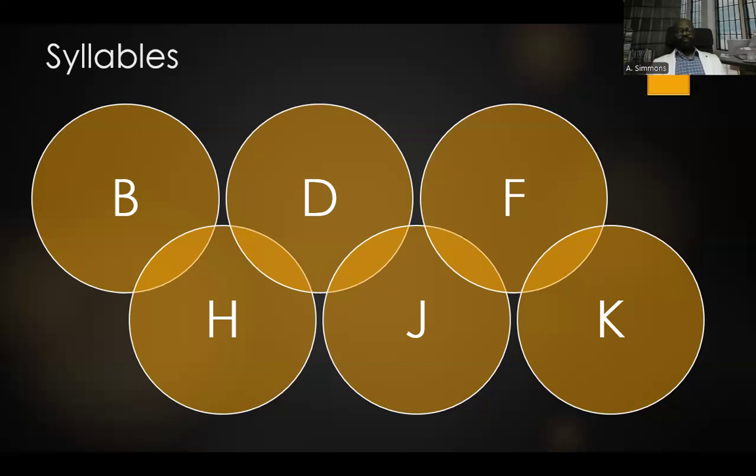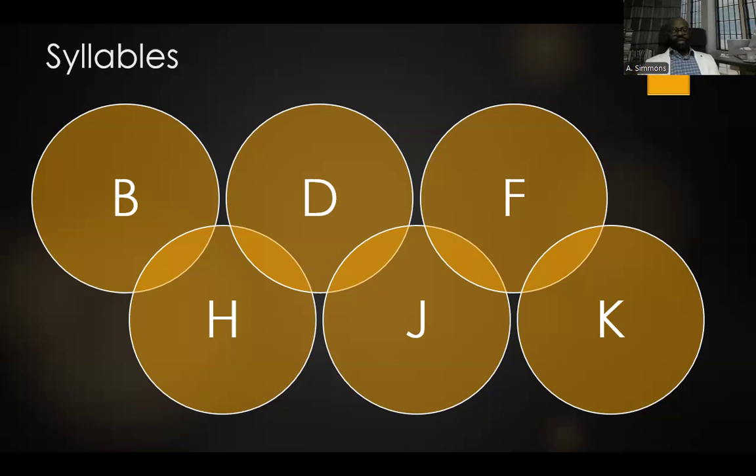So basically, we want to add the vowels to these consonants. Now, we can put vowels in front of this B. We can even go that far.